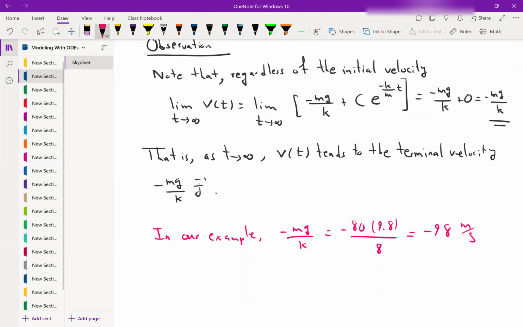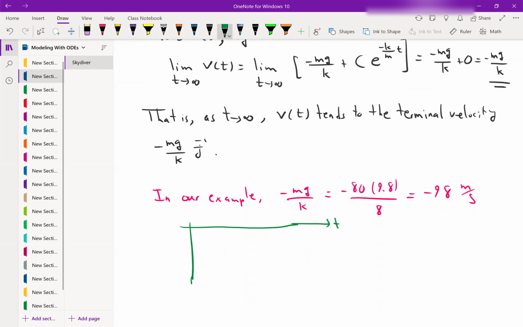If you actually draw the graph of v of t, so let me attempt graphing this velocity profile. So here we go. This is t. Let me give myself more space here. The axis v of t upward. Of course, our v is negative v of t.